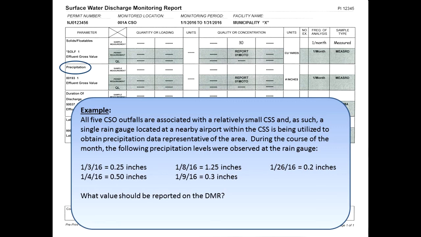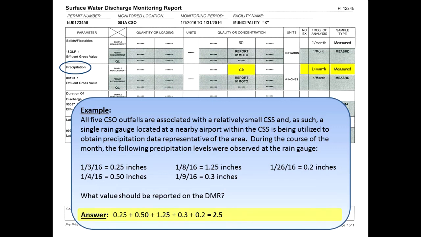During the course of the month, the following precipitation levels were observed at a rain gauge: 0.25 inches on January 3rd, 0.5 inches on January 4th, 1.25 inches on January 8th, 0.3 inches on January 9th, and 0.2 inches on January 26th. What values should be reported on the DMR?